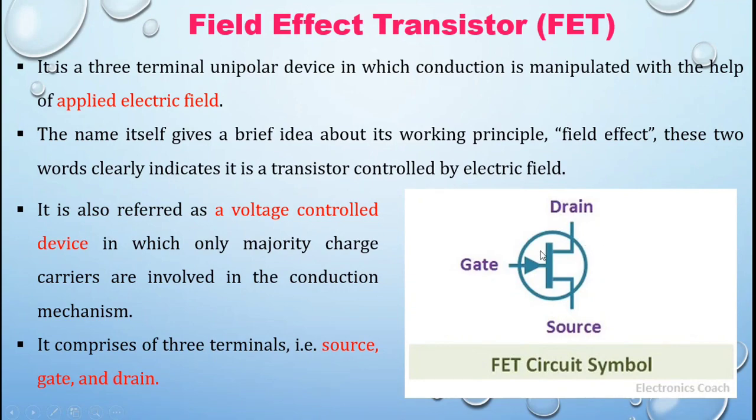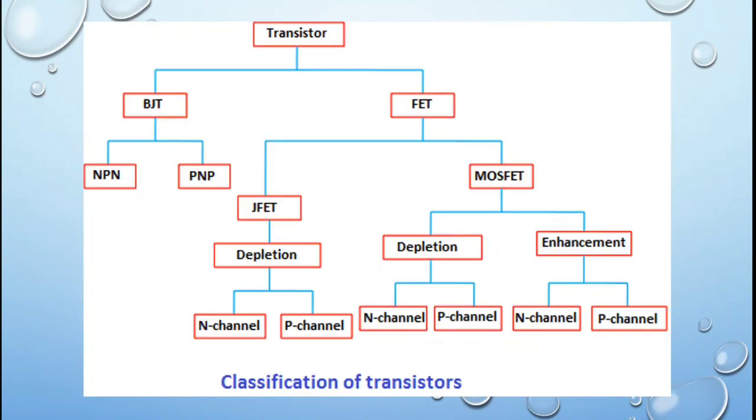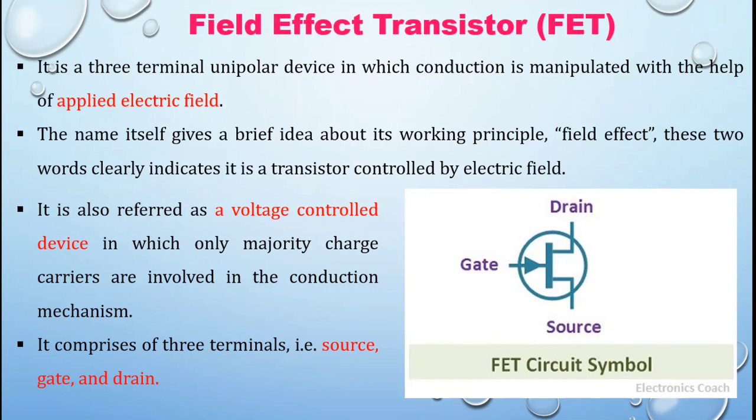This is the symbol. There are two types of field effect transistor, which we'll discuss now. This is the basic idea about the field effect transistor, the applications and the working principles. These are what we are going to discuss now.